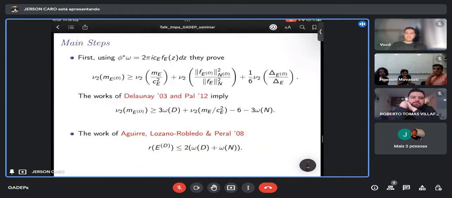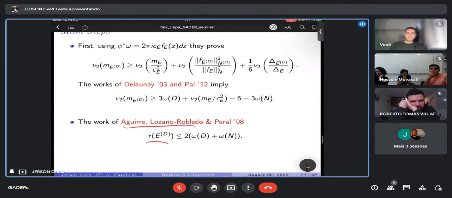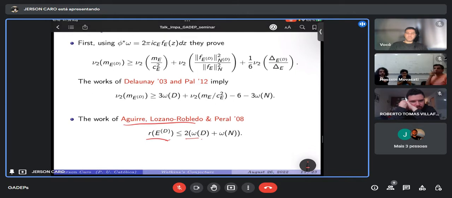And also, we can use the work of Aguirre, Lozano, and Robledo that gave an upper bound for the rank of an elliptic curve: 2 times omega d plus omega n. And it is related with what I said before, that the conductor of this elliptic curve, which I will denote by ND, is more or less d squared times n.